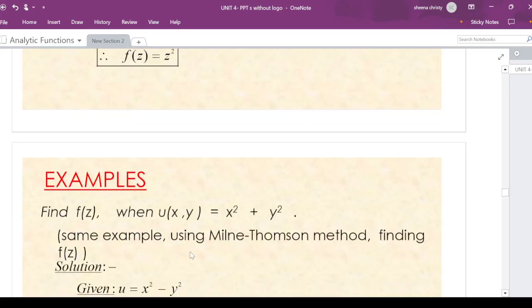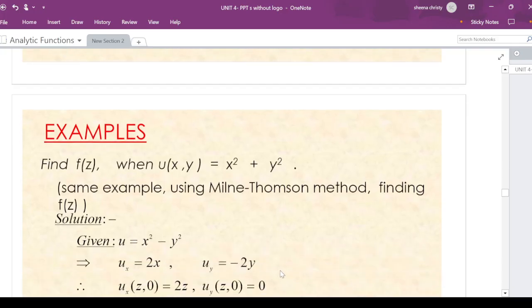This problem we can also do with the help of Milne-Thomson method. Here you have the function u of x comma y equal to x square minus y square. Using Milne-Thomson method, how to find f of z? The same example is given. So here it will be not plus, it will be minus. So ux, the differentiation of u with respect to x, gives you 2x, and differentiation of u with respect to y gives you minus 2y.